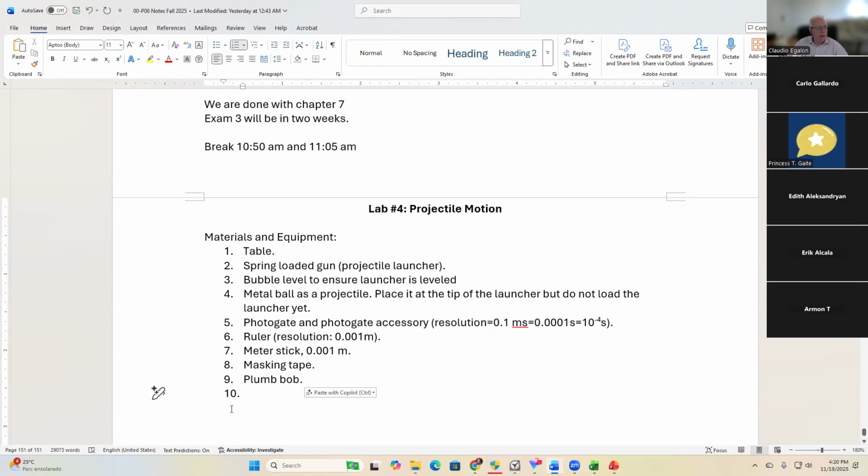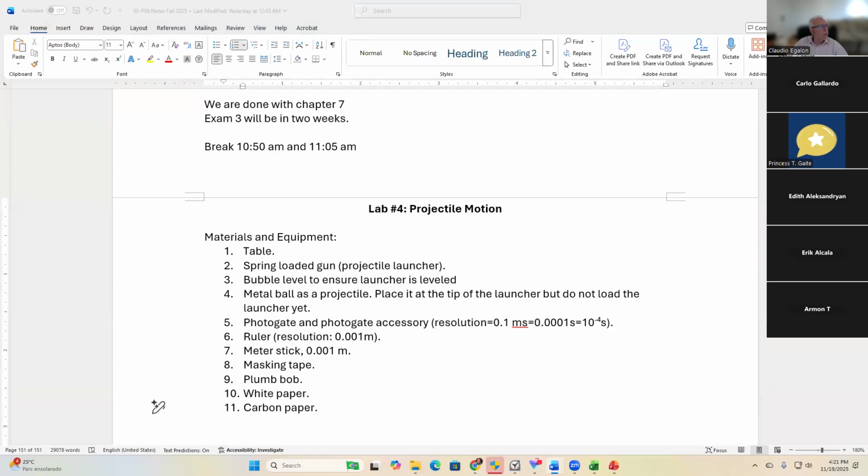We use plumb bobs in the lab as well. White paper. The white paper is used to document the point where the projectile landed, okay? And the carbon paper is placed on top of the white paper to mark the position in black, right? Where the projectile landed. That's how it goes, okay?